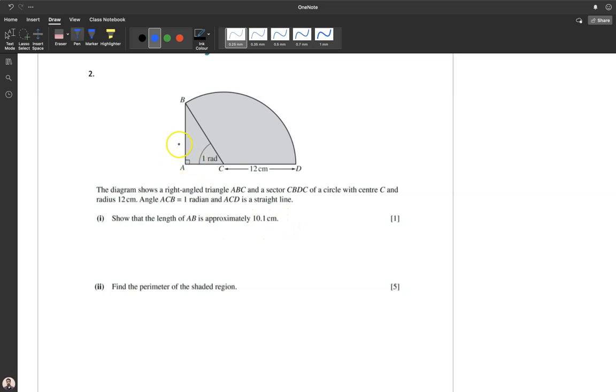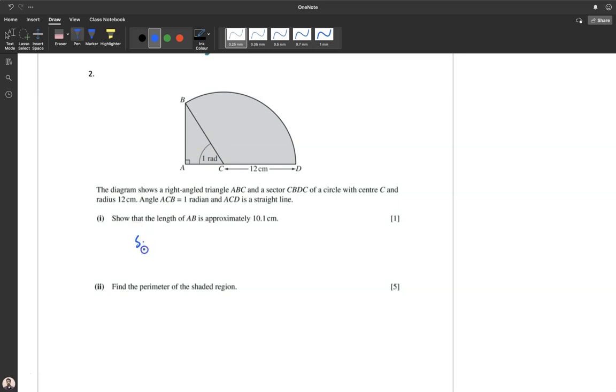Notice that AB is just a line in a right angle triangle, which means that we can make use of trigonometry. This angle is 1 radian.